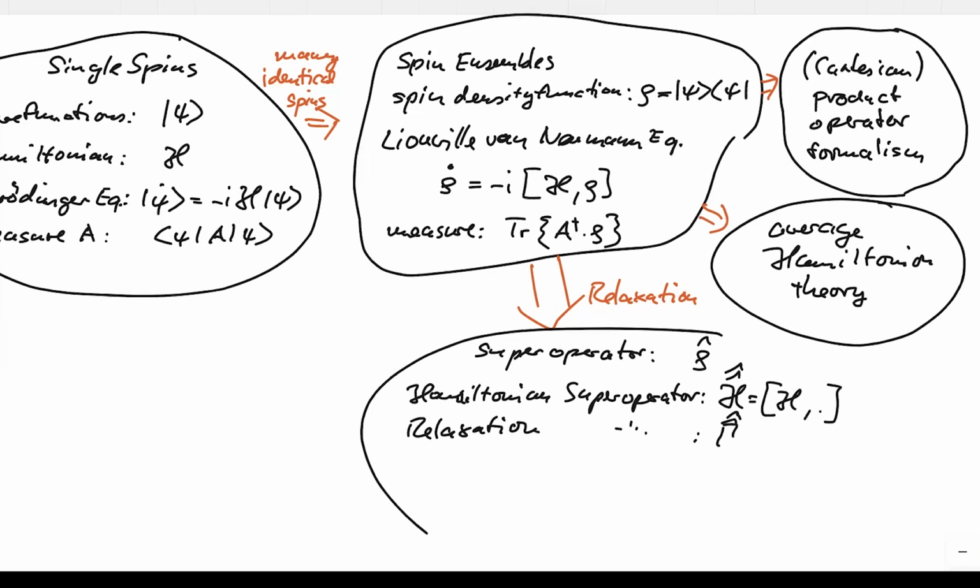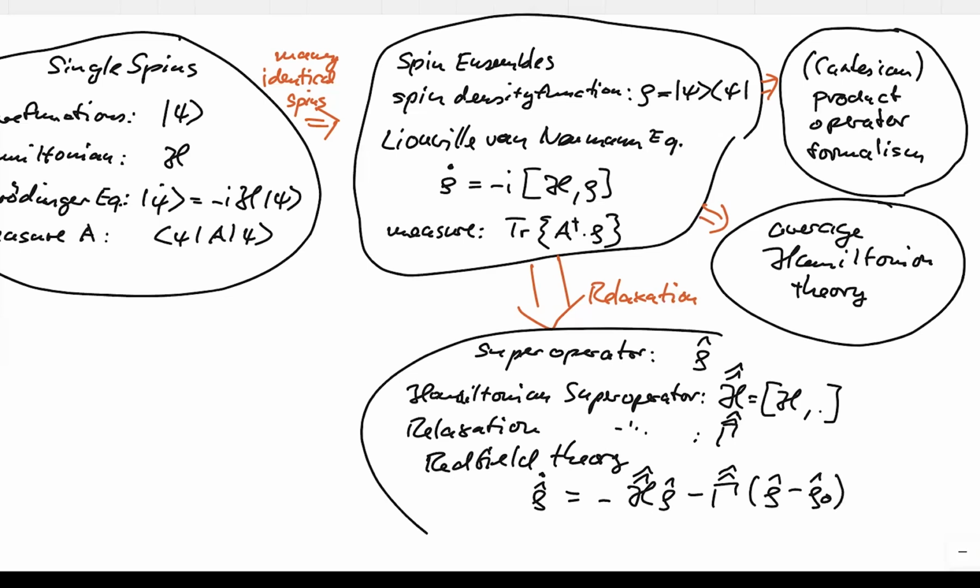And this ends up then in the classical Redfield theory, where rho dot is now minus i, the Hamiltonian superoperator, times rho, minus the gamma superoperator, the relaxation superoperator, times rho minus rho zero, where rho zero is the thermal equilibrium state.